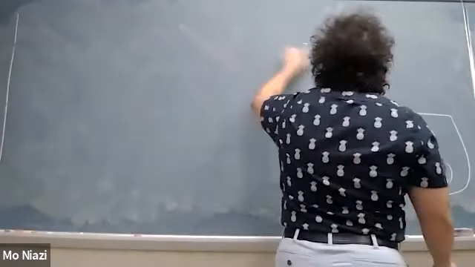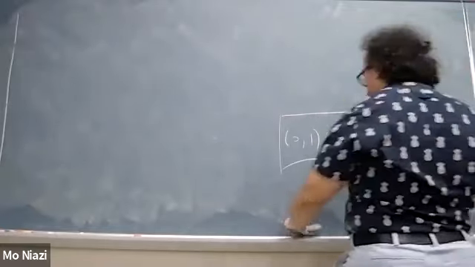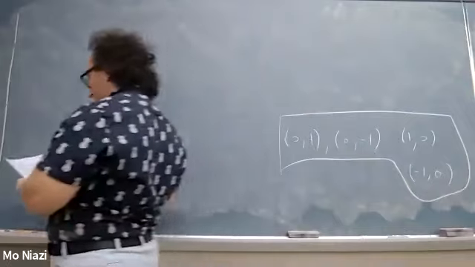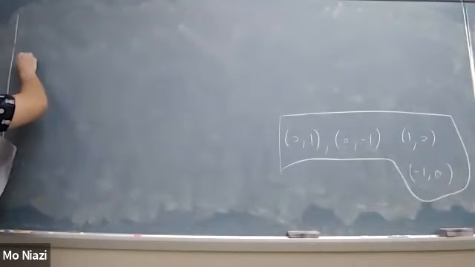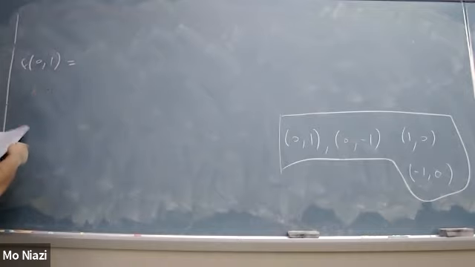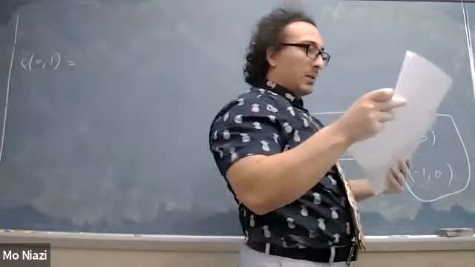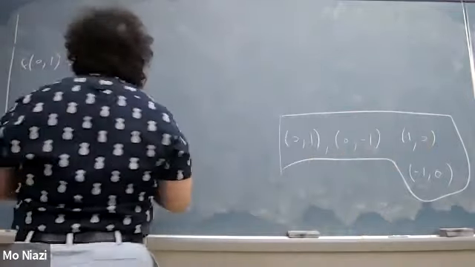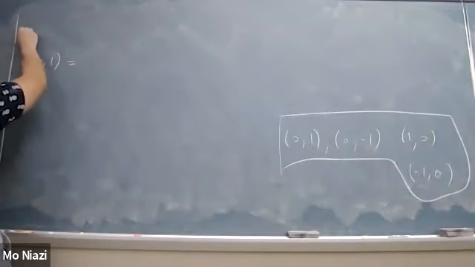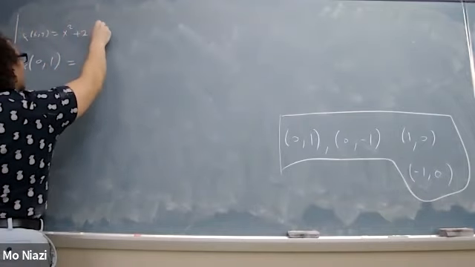So let's evaluate the function and see whether it's a maximum or a minimum at these values. We find f of 0, 1, which is equal to, what was our original f? Our original f of x, y is equal to x squared plus 2y squared, right?